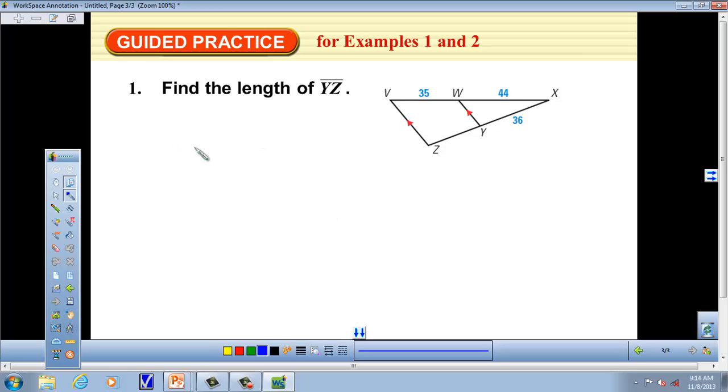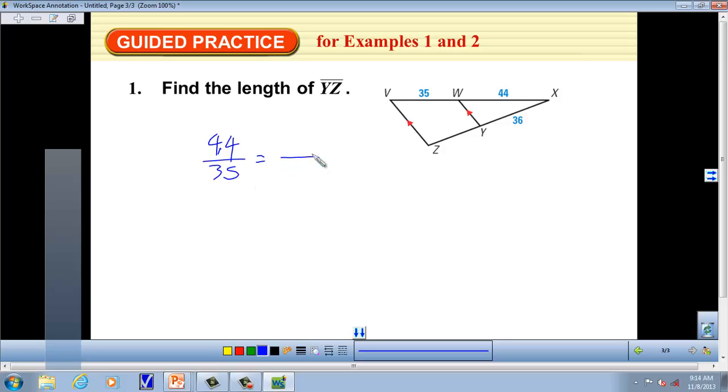The first one, we would write 44 over 35, and we would make that equal to 36 over x. And I'm going to need a calculator for this. Actually, I don't think I will. I might, but we'll give it a shot.